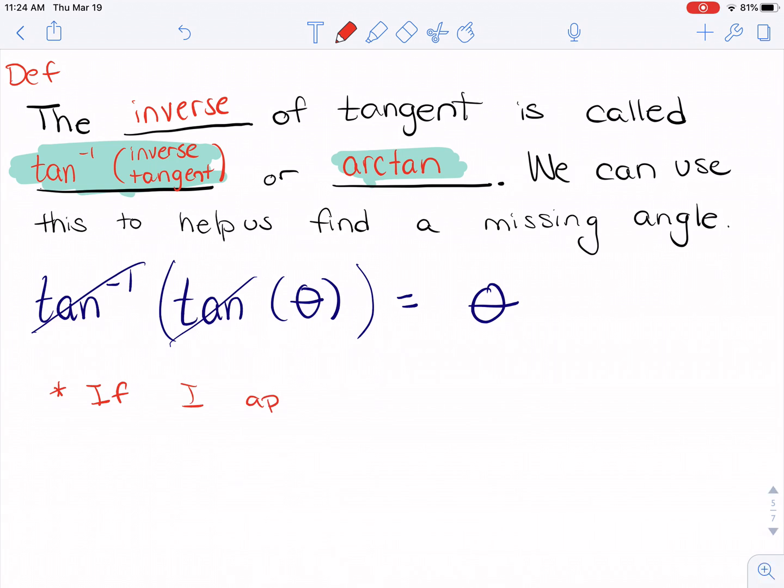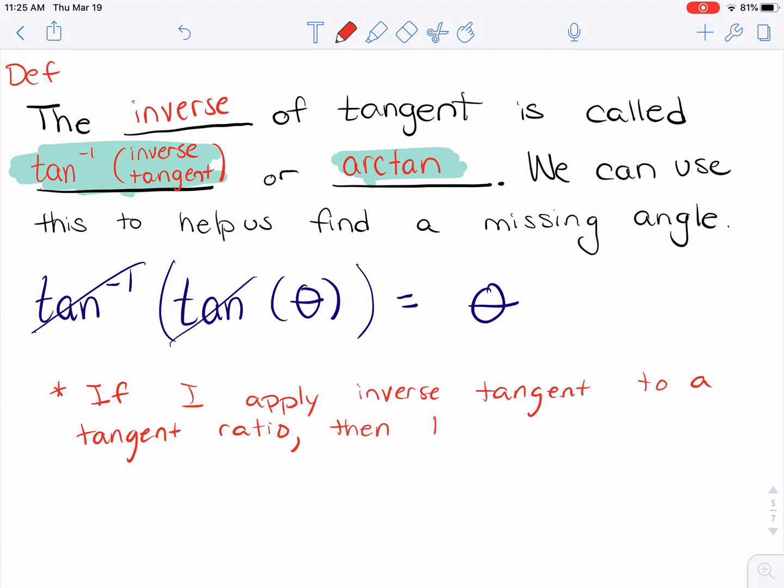If I apply inverse tangent to a tangent ratio, then the result will be the angle given, or the angle for that tangent ratio.